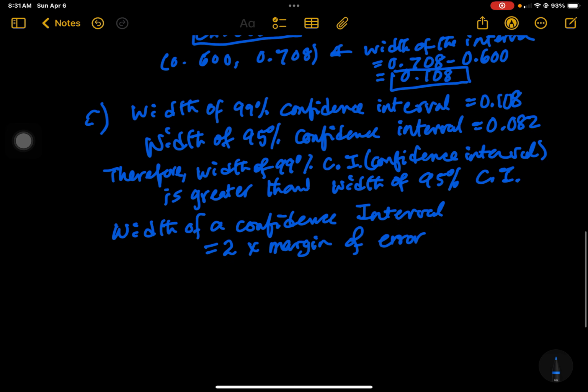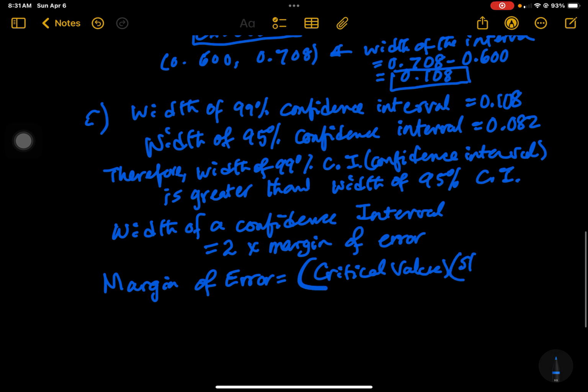So, margin of error is given by critical value times standard error.